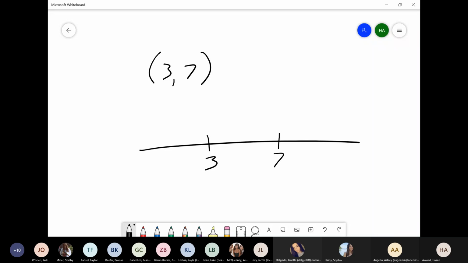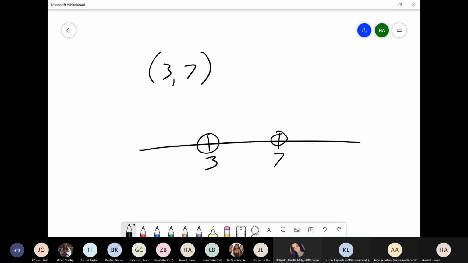And now notice it's going from 3 to 7 in the interval. All the numbers that are captured in this interval are going to be captured between 3 and 7. So 4, 5, 6, and all of the fractions and all of the irrational numbers that are between 3 and 7 are all going to get counted here, right? So what you do is, because it's parentheses and they're open circles, we do this.